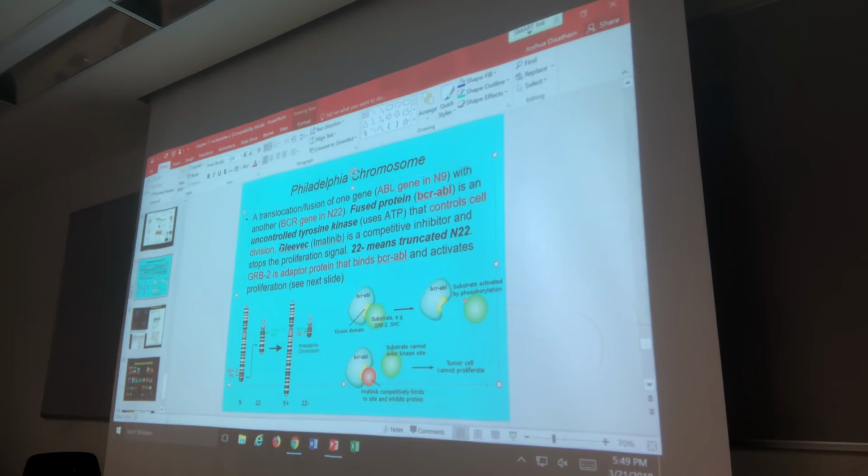You might see this term used in various drug commercials and things like that. This is the scientific name for it, or the company name for it. All it does is it inhibits this uncontrolled tyrosine kinase. So that's all the information that's given about the Philadelphia chromosome.